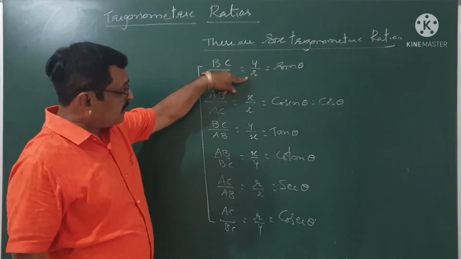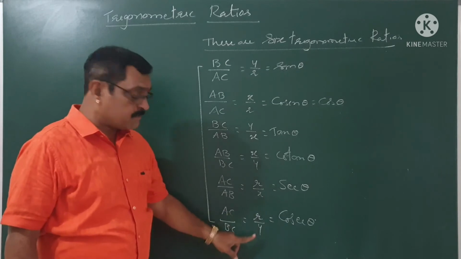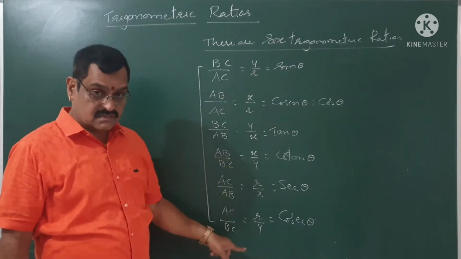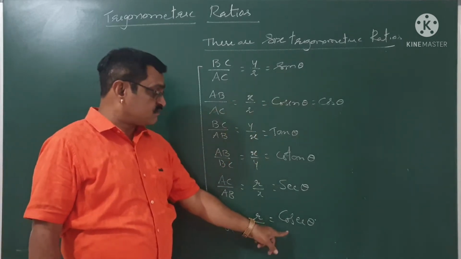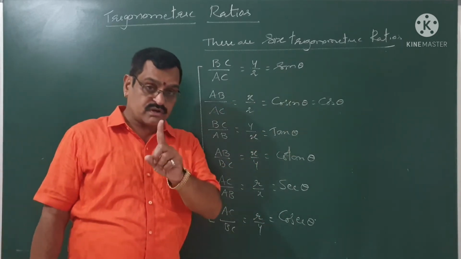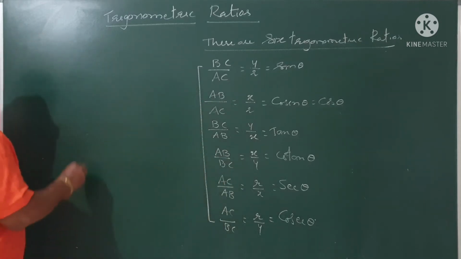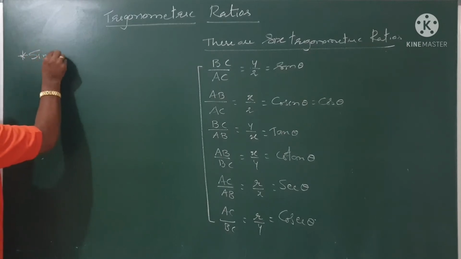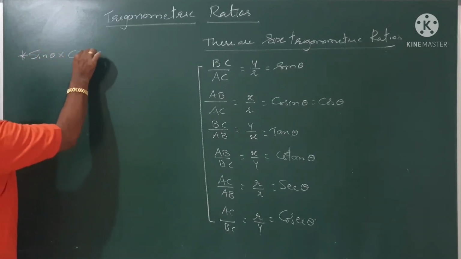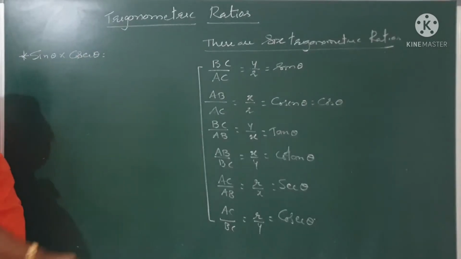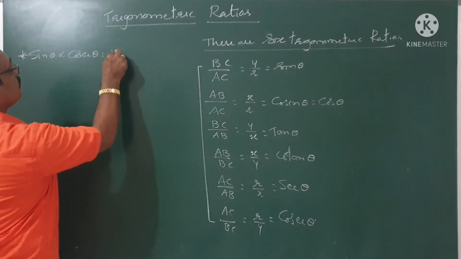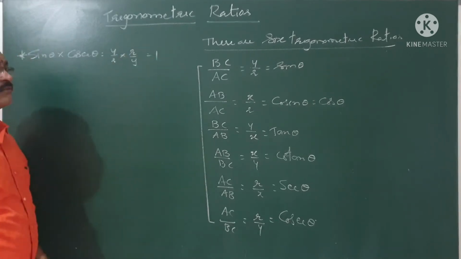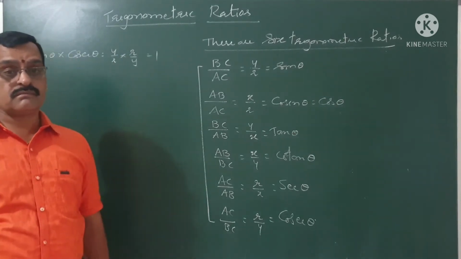Sin theta is y by r, cosecant theta is r by y. These two are just reciprocals of each other. Then if you multiply these two, the product of these two ratios, you are going to get 1. This is the first observation. Sin theta times cosecant theta is equal to y by r times r by y, which is equal to 1. Of course, none of them is 0.